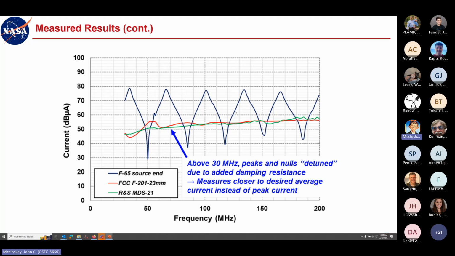We have our pattern of peaks and valleys, and we use two different absorbing clamps here and show that we get that more normalized mid-range level that's basically isolating us from the rest of the cable, and we're not seeing the resonances from the cable configuration. We're just getting a more normalized measurement of what's actually coming out of the EUT.